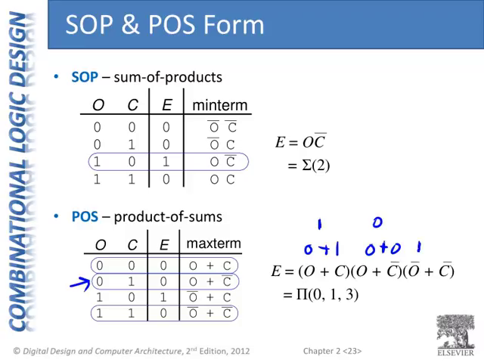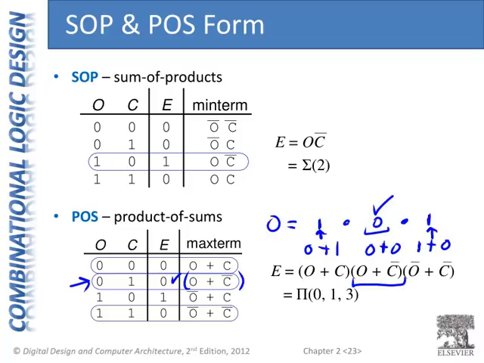We're going to get 1, 0 bar, or C bar, it's going to be 0, that's going to evaluate to 1, 1, and 0, and 1. Well, that 0, as expected, forces our output E to be 0, because 0 in an AND relationship forces the output to 0, no matter what the other values are, even if they are both 1. All of these terms have to be 1 in order to get the output to be 1.